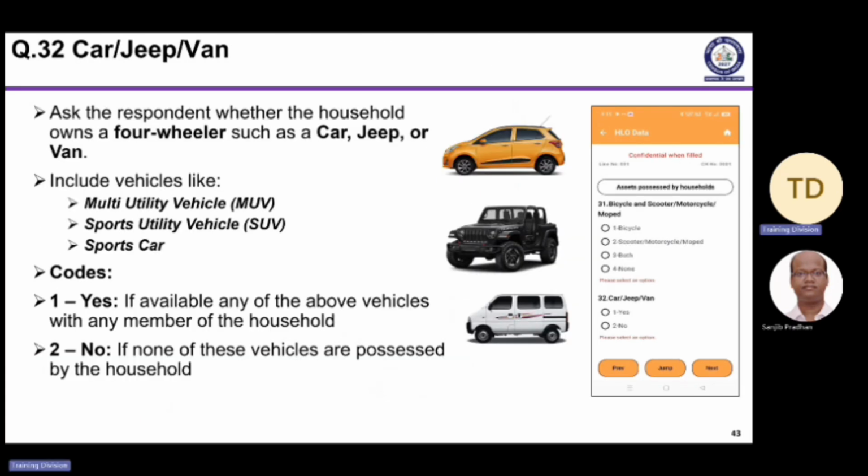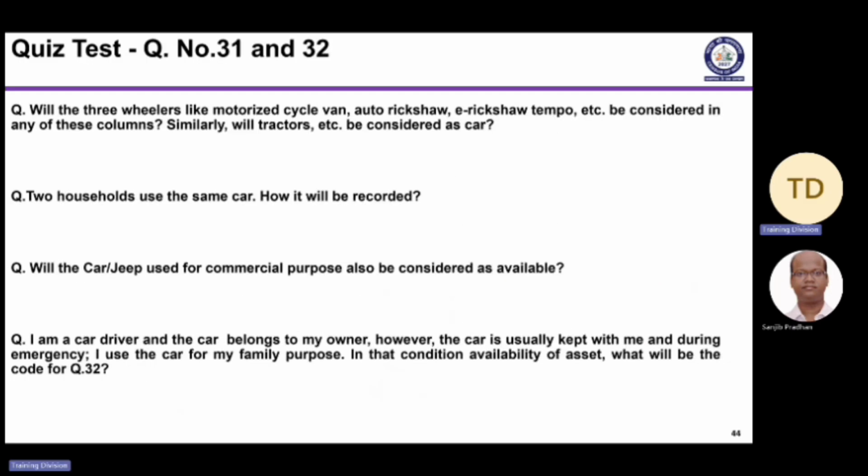And for four-wheeler, there are two options only, yes and no. So ask the respondent whether household owns a four-wheeler such as car, jeep or van, and it includes vehicles like MUV and SUV, sports car, etc. So there will be two codes: one, yes if available any of the above vehicle with any member of the household, and no if none of the vehicle is possessed.